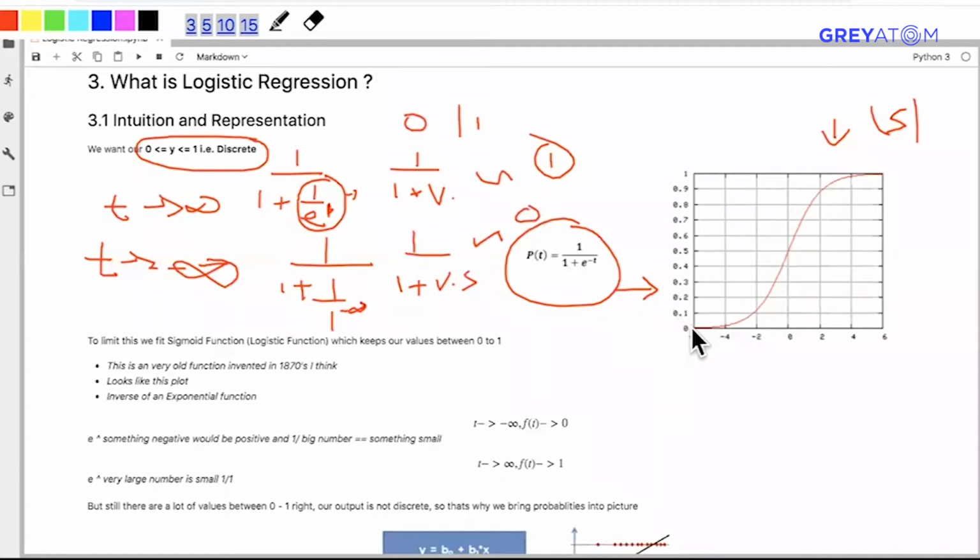So this would always stay in these bounds, 0 to 1. So this function is called a logistic function that we talked about. We apply this transformation to our equation so that our function always stays between 0 and 1. So that's the motive of using this function here. Okay.